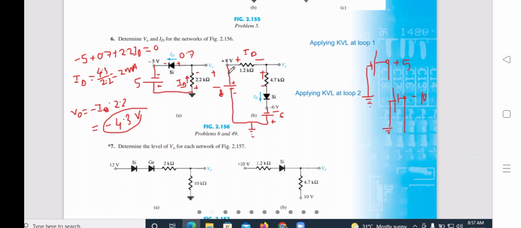So if we apply KVL in this loop, minus to plus, plus 8, plus to minus, minus IR, so minus 1.2 ID, plus to minus, minus IR, so minus 4.7 ID.